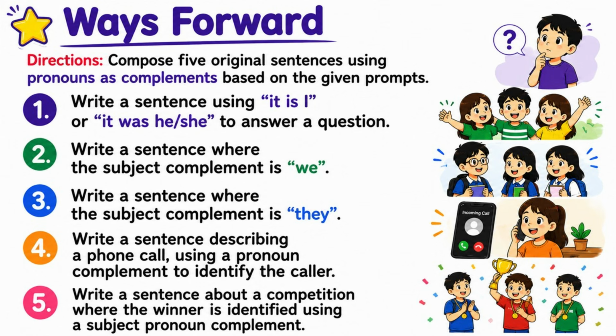Write a sentence where the subject complement is they. 4. Write a sentence describing a phone call using a pronoun complement to identify the caller. And number 5, write a sentence about a competition where the winner is identified using a subject pronoun complement.